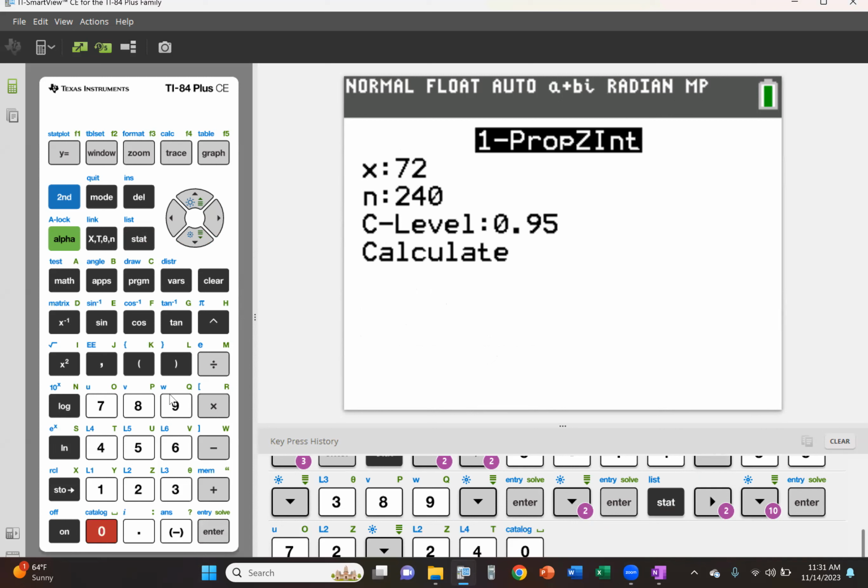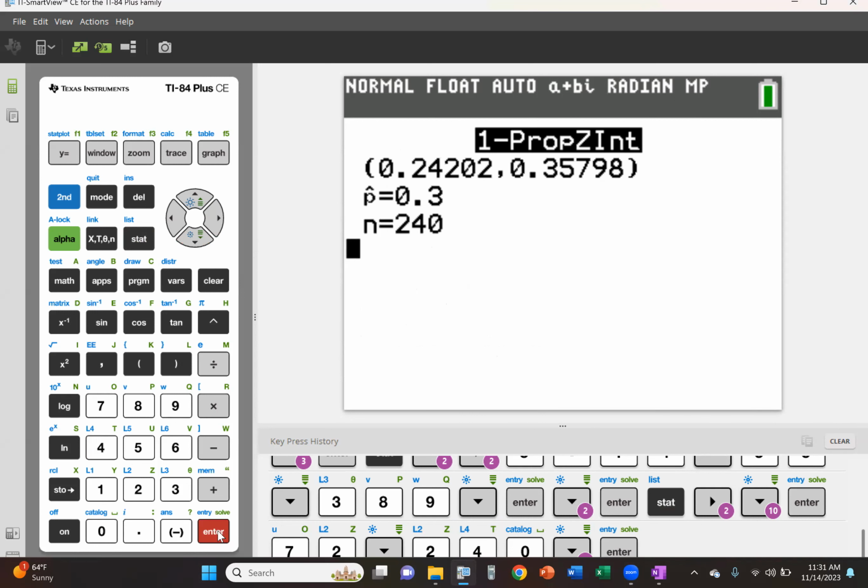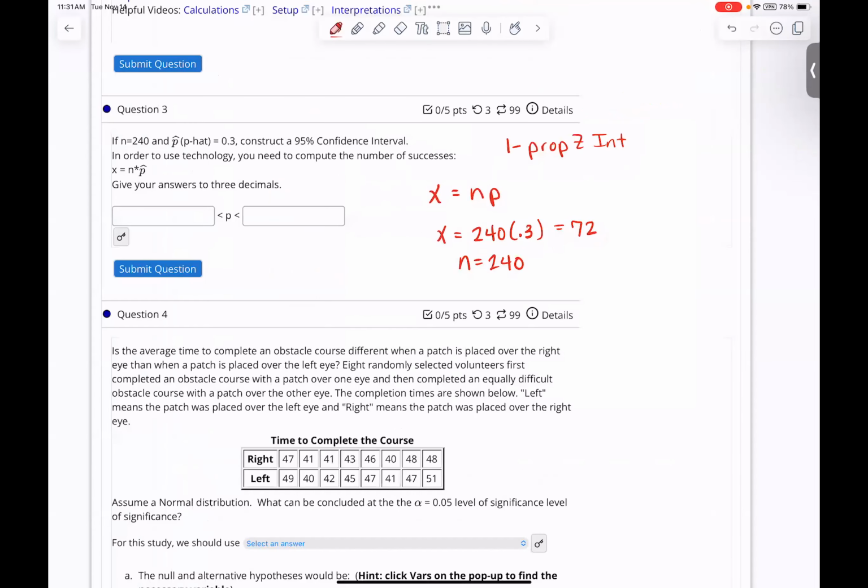And we're using a 95% confidence level, so we're going to leave that alone and calculate. So our interval is going to be from 0.24202 to 0.35798. So 0.2420. They tell me to round it off to 3 decimal places, so I don't really need the 0. To 0.358.